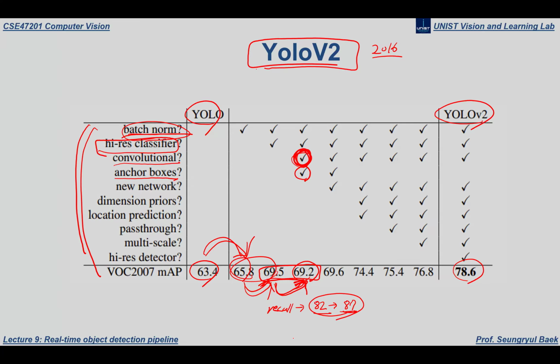So anyways, their recall is improved at the cost of reduced precision. You will see later, but by adding convolutions we can retain more information compared to the FC layer or the pooling layer.